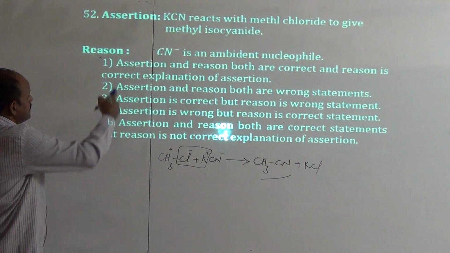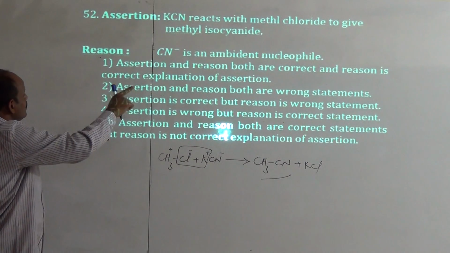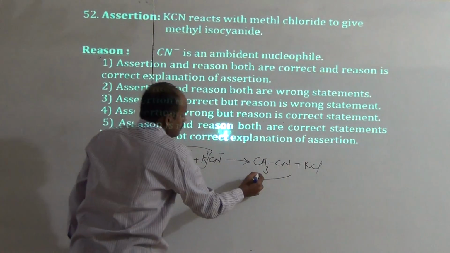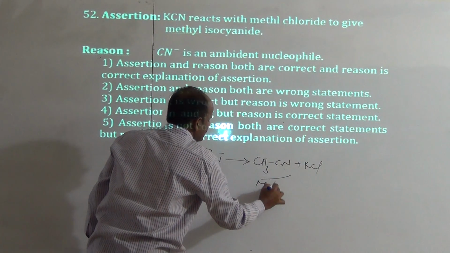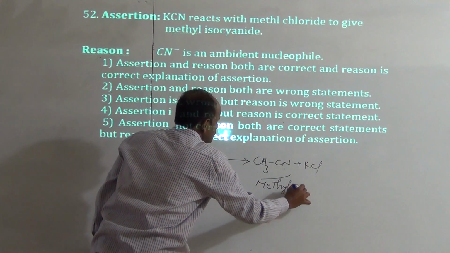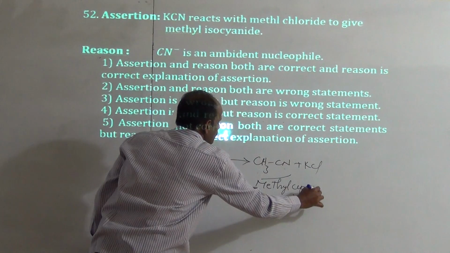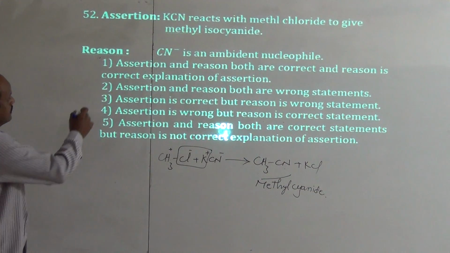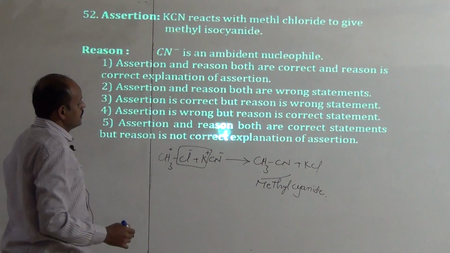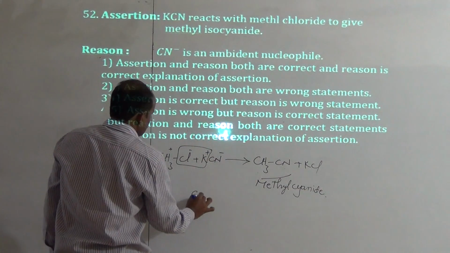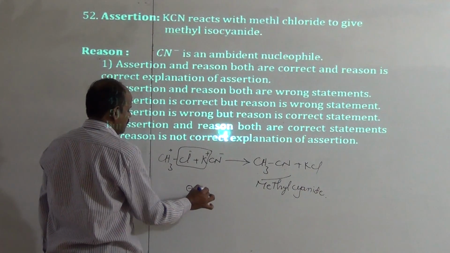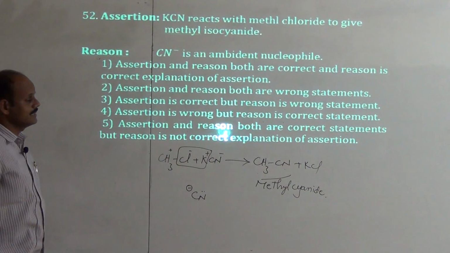But in the assertion they have given methyl isocyanide. So the assertion is wrong. We get methyl cyanide, not isocyanide. Reason: CN minus is an ambidentate nucleophile. This is correct, because on carbon a negative charge is there, and on nitrogen a lone pair of electrons is available.